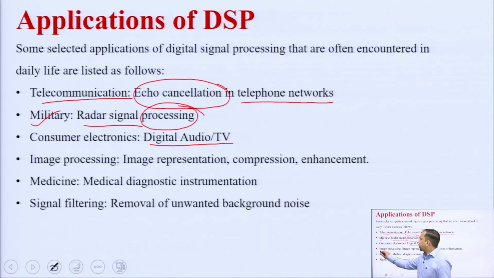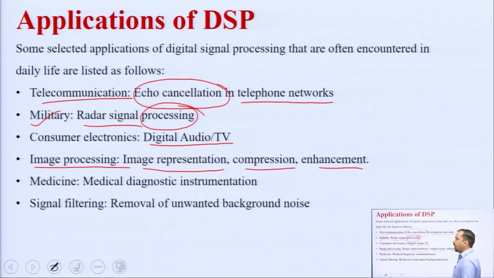We have image processing: image representation, compression and enhancement are also performed with the help of DSP. We have some medicine applications, which include medical diagnostic instruments, and the images generated with the help of these instruments also have processing applied on these signals.